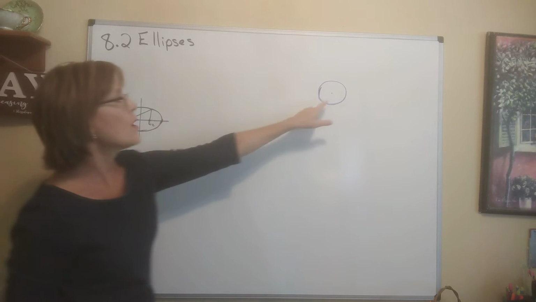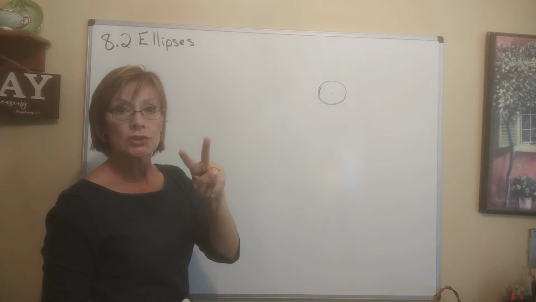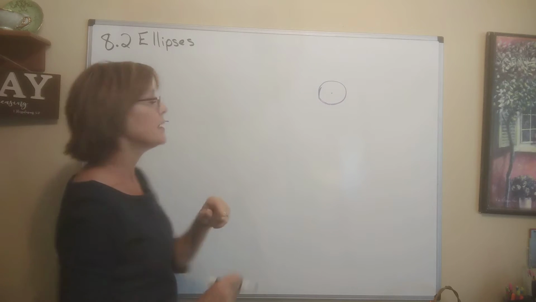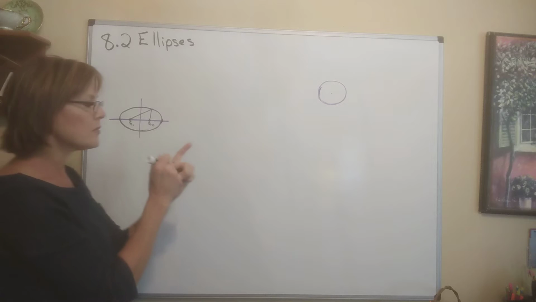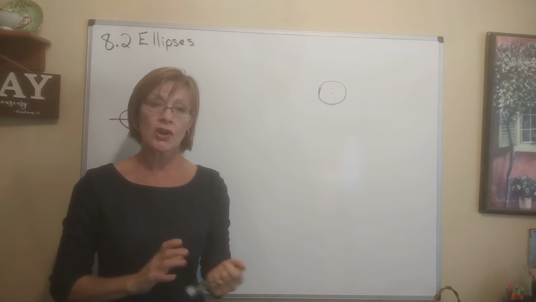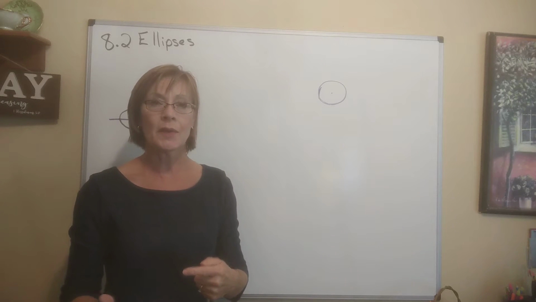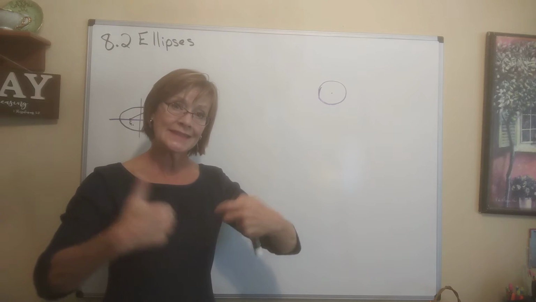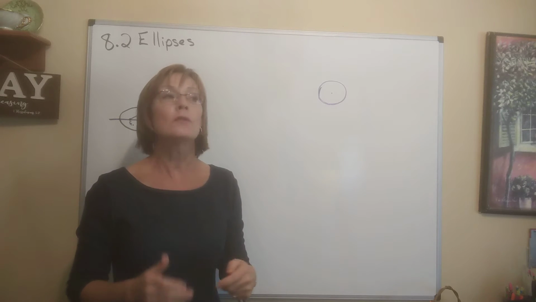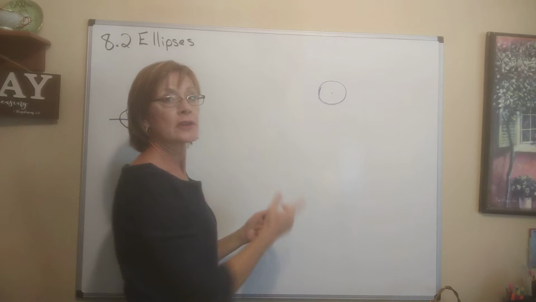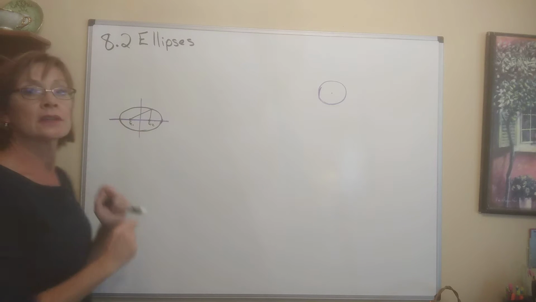Instead of one focus or a center, it has two important points called the foci. Note that the focus of a curve, no matter what curve we're talking about, will always be located inside of the curve itself. So inside of the circle is the focus, inside of the ellipse is the foci.